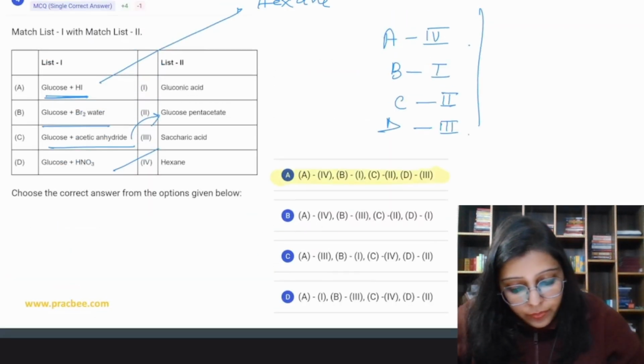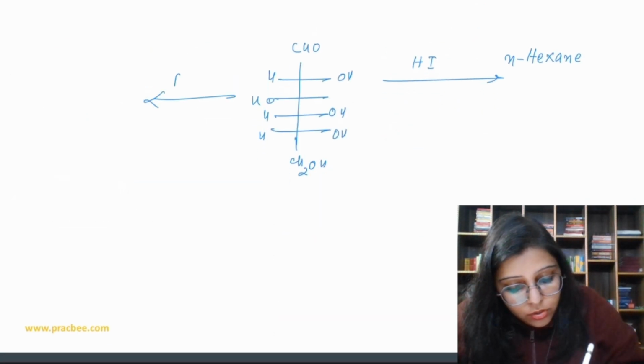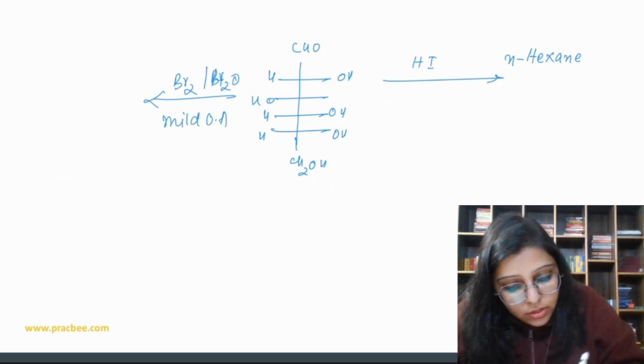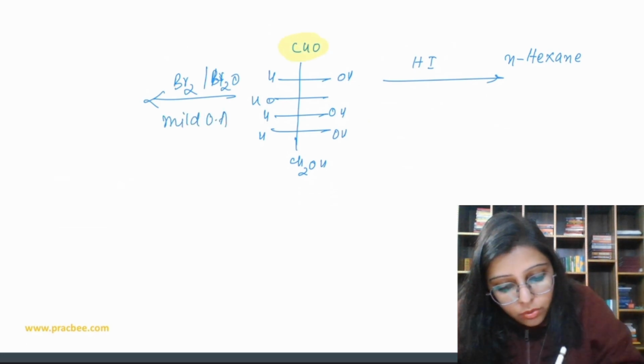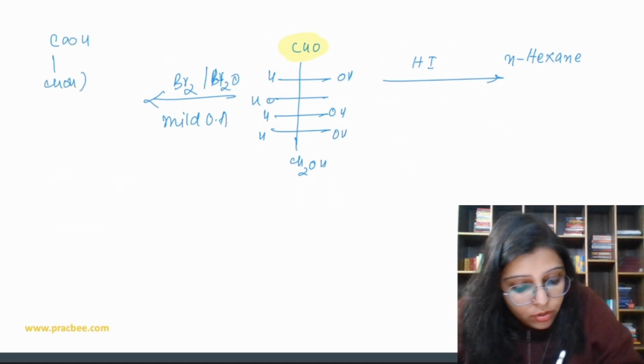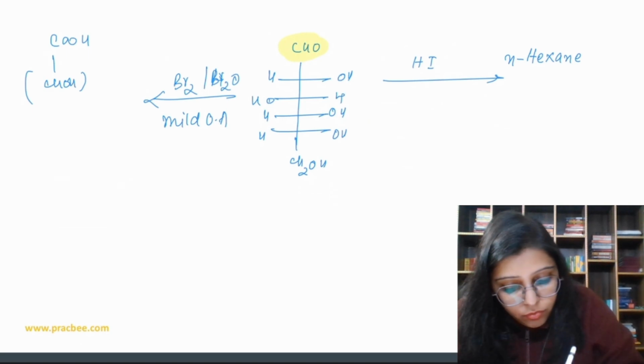Then we have Br2 water, which is a mild oxidizing agent. With a mild oxidizing agent, CHO is converted to carboxylic acid. So we get COOH, CHOH four times, and then CH2OH.